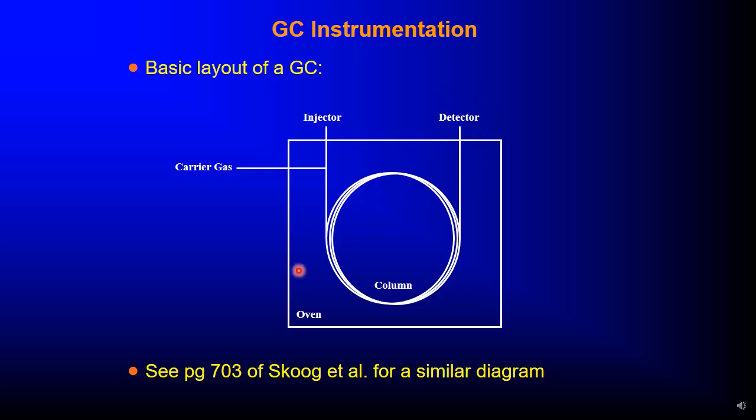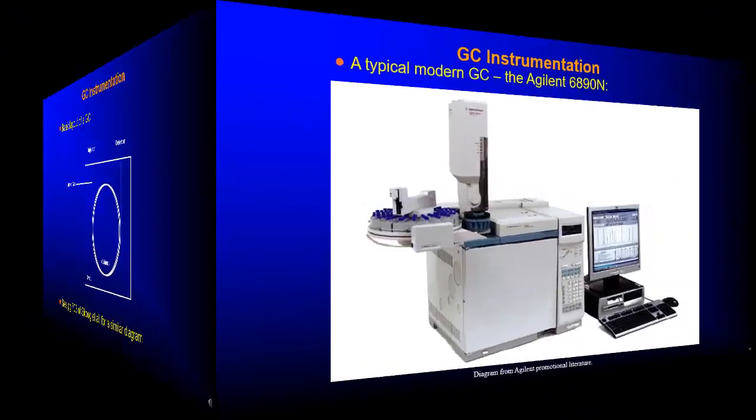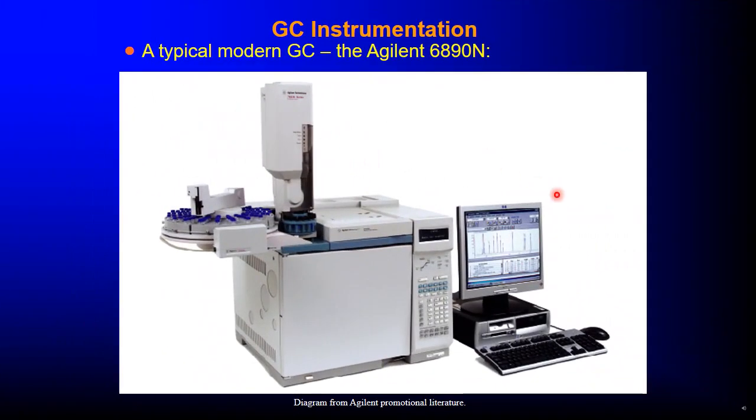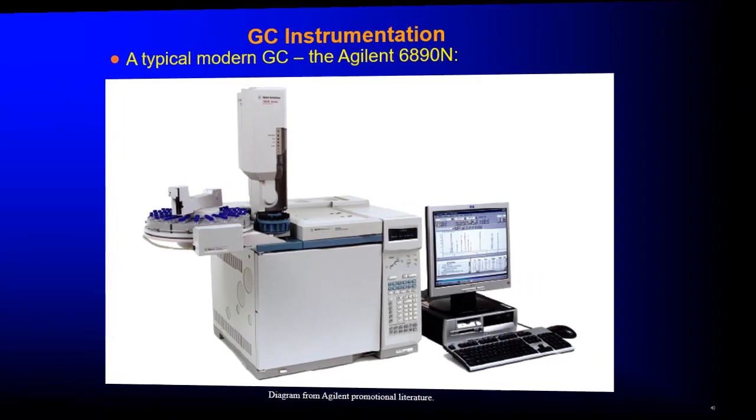You'll see that the column is in the oven. Remember, we need to vaporize, so that is why it has to be within the oven. This is generally a typical instrumentation of a gas chromatograph. This sample is Agilent.